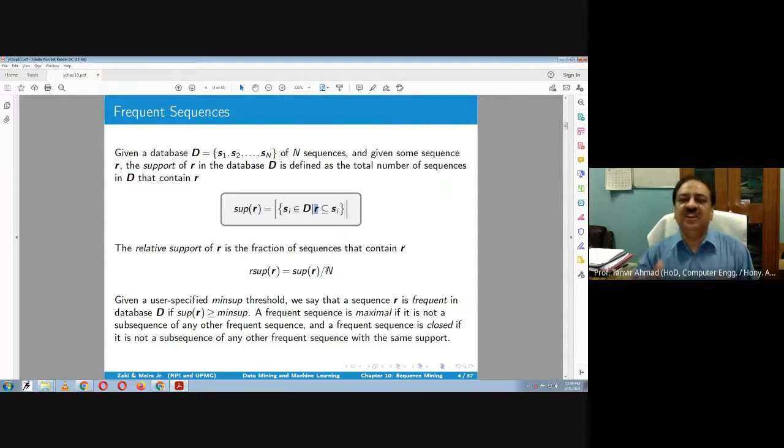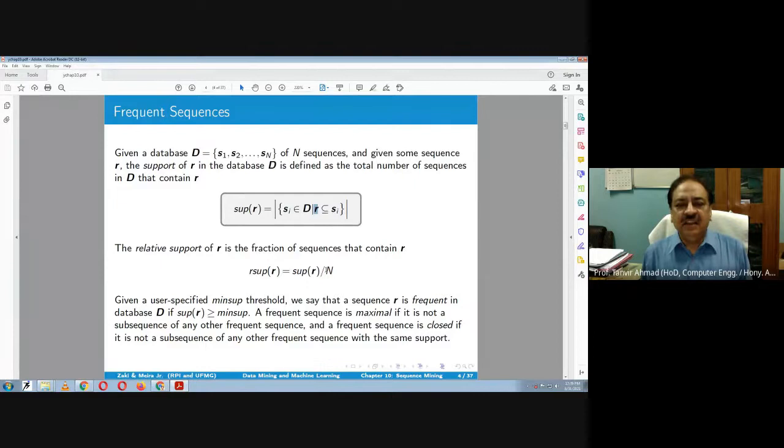Now that definition might be applied for max mining and closed mining, and we can apply the same definition in the case of frequent sequences also. That means a frequent sequence will be called maximal if it is not a subsequence of any other frequent sequence.